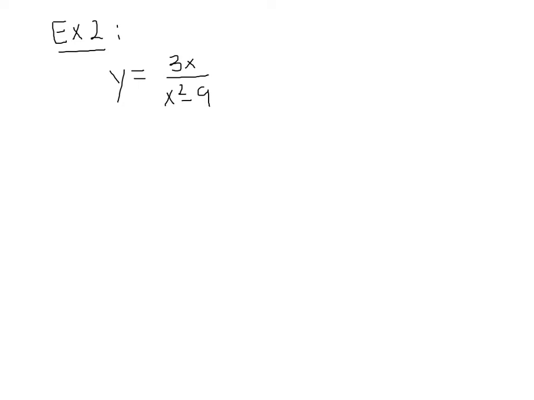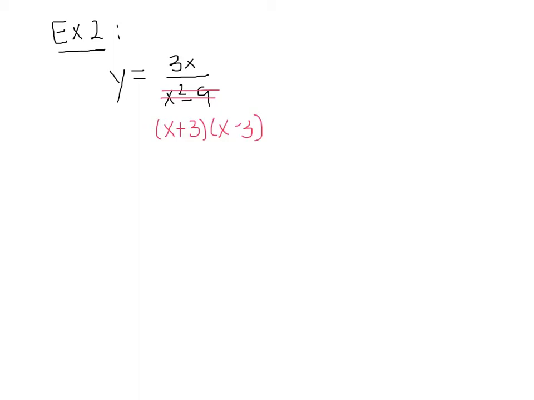Okay, looking at example 2, I have y equals 3x divided by x squared minus 9. So my numerator is already factored, but my denominator is a difference of squares, so I'm going to have x plus 3 times x minus 3, and I'm going to mark that off. Now, as of right now, nothing cancels, because again, remember, this is 3 times x. That's different than x plus 3, so don't try and cancel that.